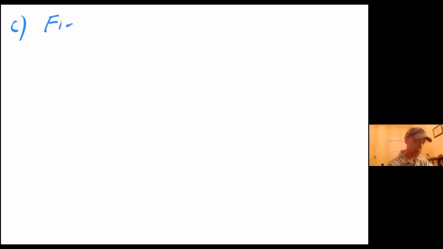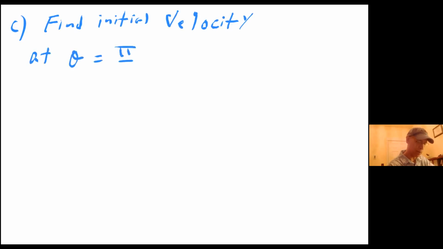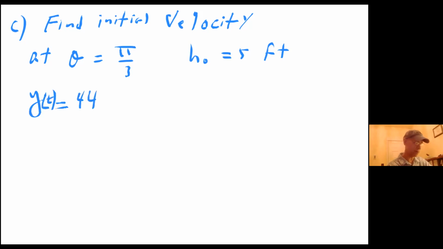So find the initial velocity so that the projectile at theta equals pi over 3 from a height of 5 feet goes over a 44 foot high fence. So we want y of t to equal 44.